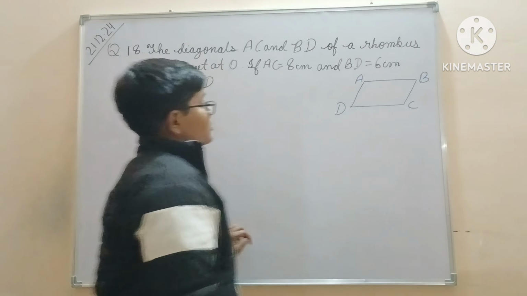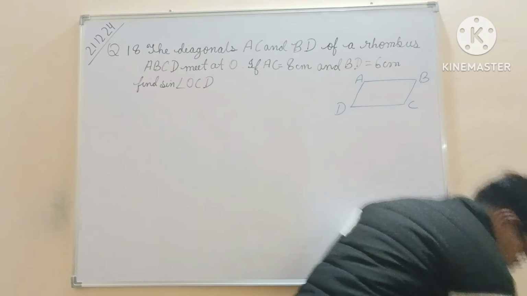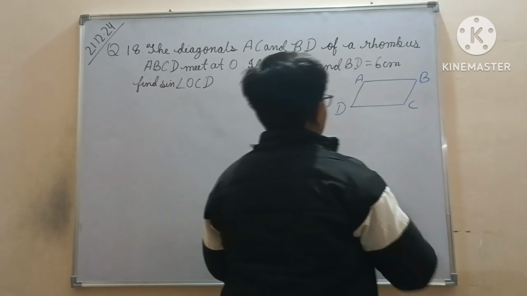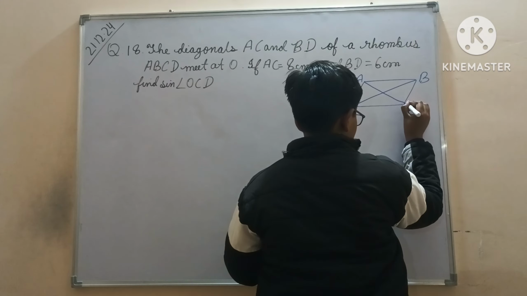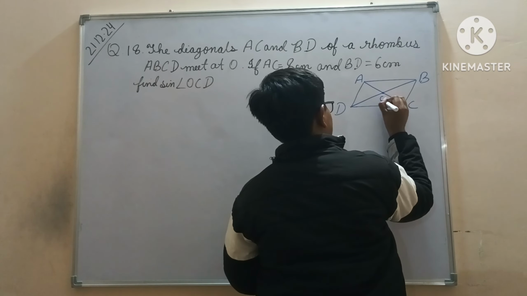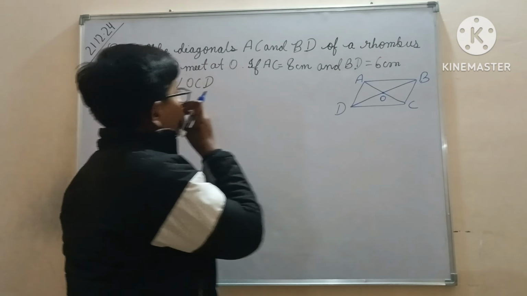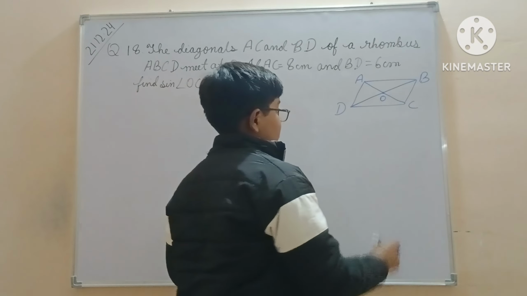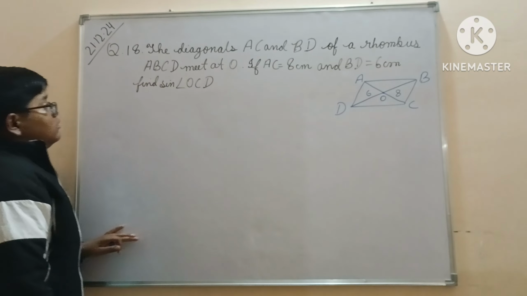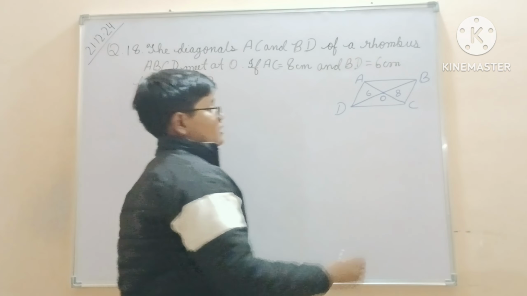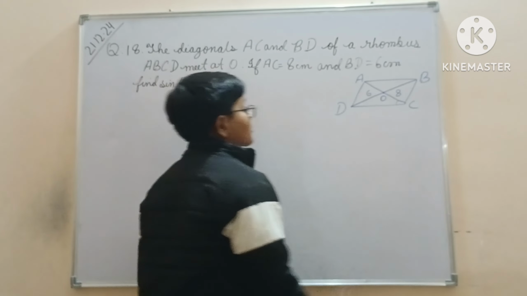There are two diagonals, diagonal BD and diagonal AC, and both diagonals meet at O. Now if AC is equal to 8 centimeters and BD is equal to 6 centimeters, find sine of angle OCD. The angle OCD is this angle.